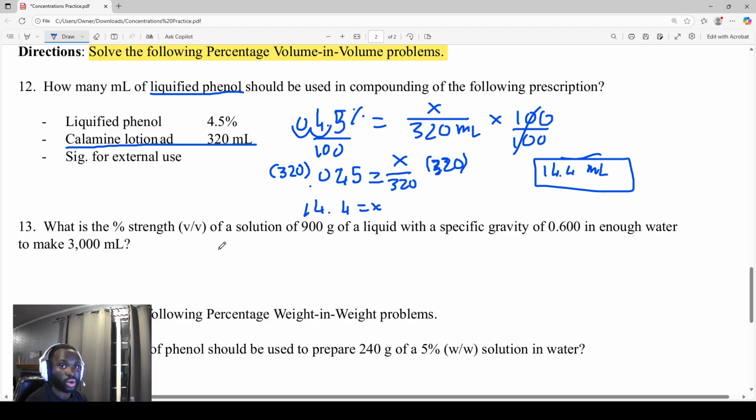Now, in the notes that I provided, at the very bottom, there's specific gravity formulas that show you exactly how to translate this density that was given to us into either mass or a volume. So we have this specific gravity here, which is going to be our density.